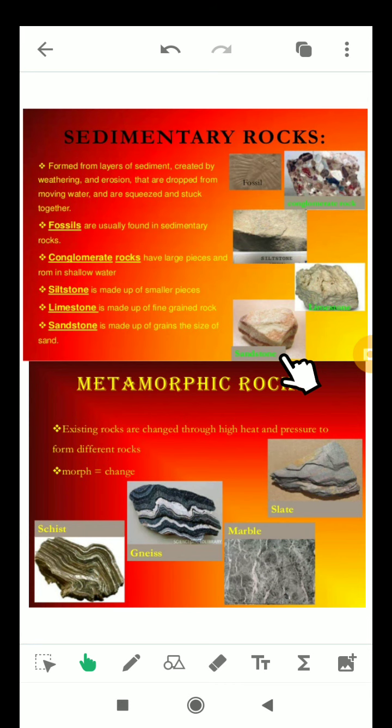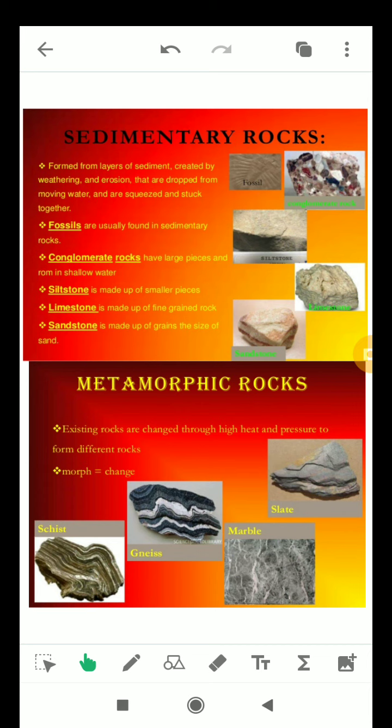Next we have metamorphic rocks. When igneous as well as sedimentary rocks are subjected to immense heat and pressure and the weight of overlying rocks, they undergo change in their appearance, chemical properties and character, and the rocks formed in this manner are called metamorphic rocks.